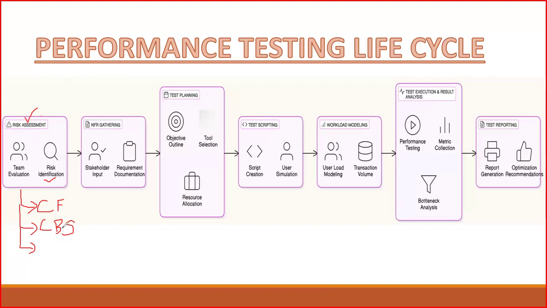On the front end, on the client side, what are the issues that we may expect? On the server side, what are the issues that we may expect? On the back end, on the database side, what are the risks that we may expect, and what are the mitigations for that? So we are going to do that as a part of the risk assessment stage.